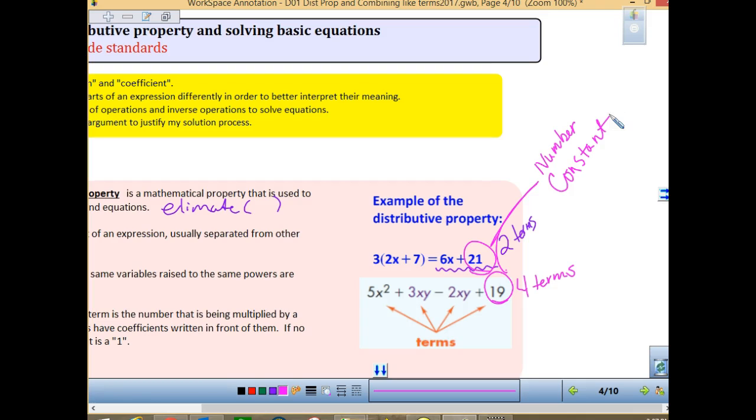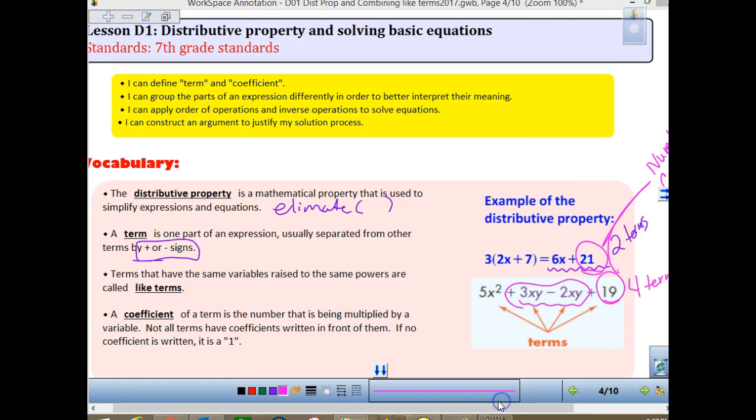So terms are separated. These 2 terms right here, those are considered my like terms. I have xy, same variables, same powers. Those are considered my like terms. Like terms we get to add together or subtract. That's nice. And the coefficient.